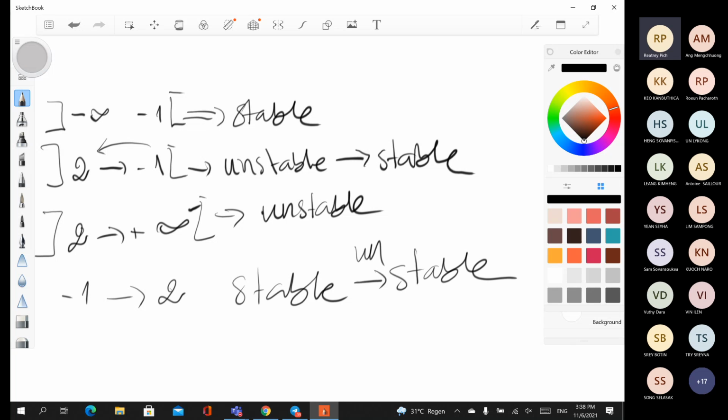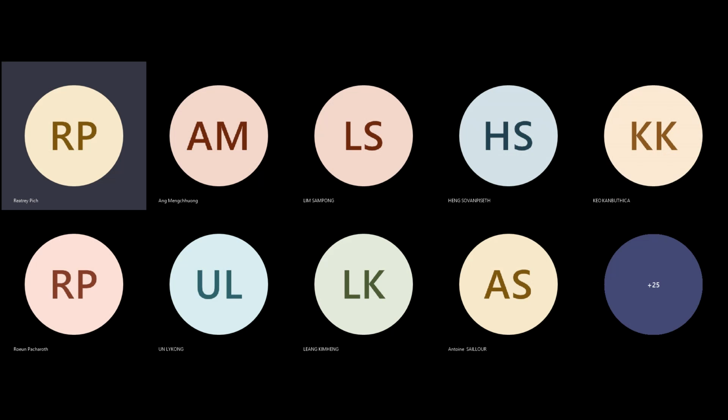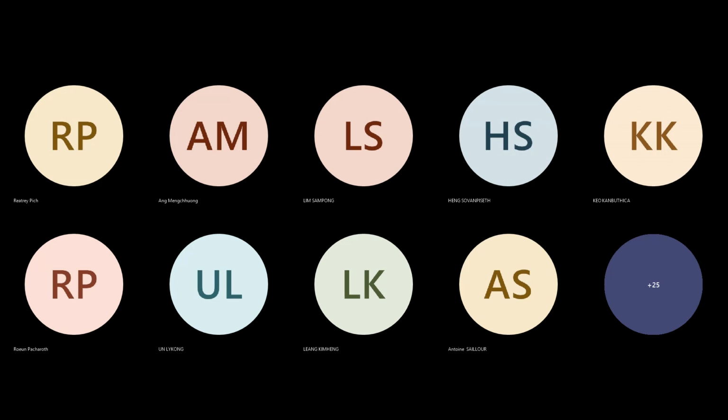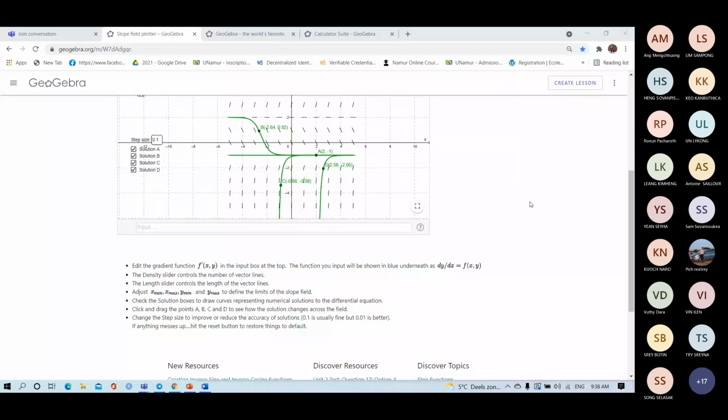Okay, let us check in our slope field. In our slope field, as you see, the value equal to 2 is what? Unstable, right? It means that our graph or our system tries to leave the critical point.